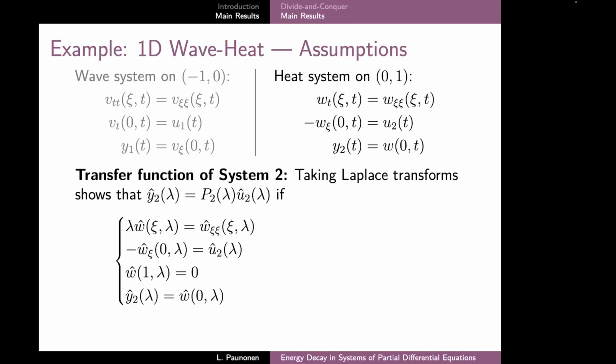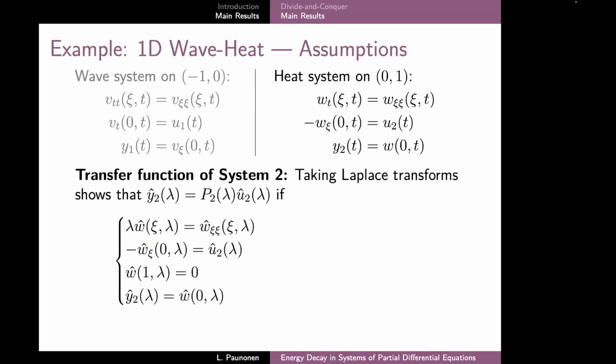And then for the heat part, we are interested in finding the transfer function, which gives us a map from the Laplace transforms of the input of the system to the Laplace transforms of the output. And we can do this by taking a formal Laplace transform of our heat equation here.